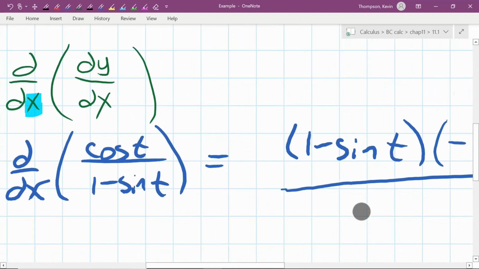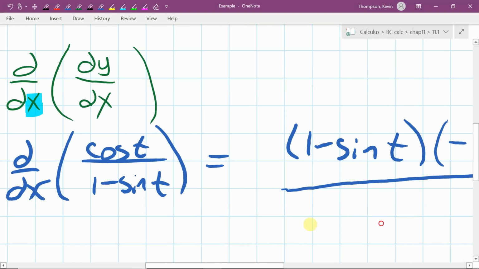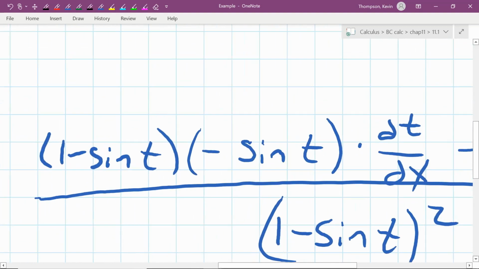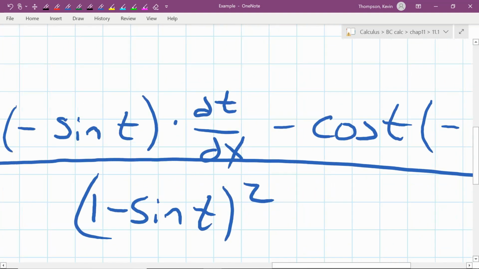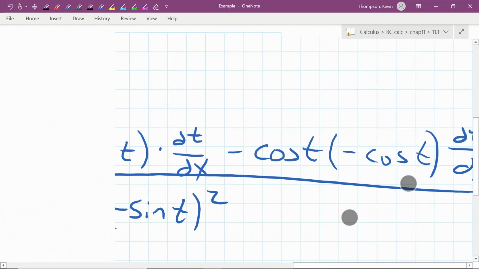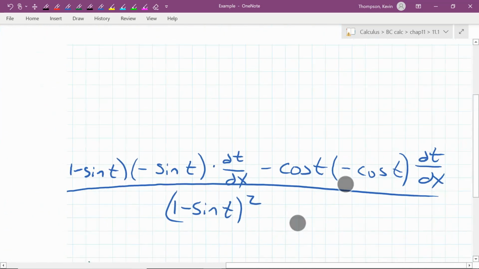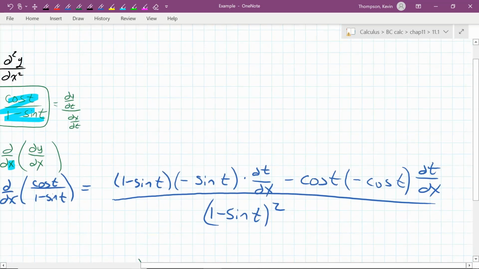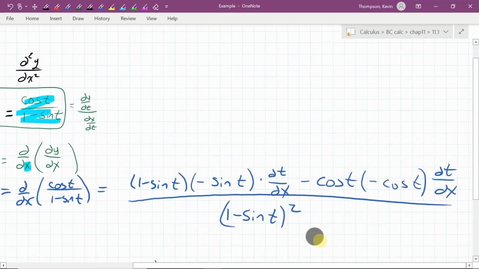Dt dx, because it's with respect to x, there would be a dt dx there. And minus high d low chain rule dt dx. Which means I have right now, unless I made a simple arithmetic mistake, that.